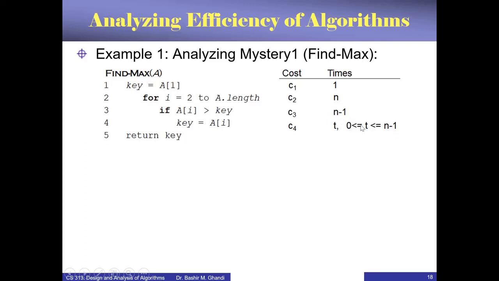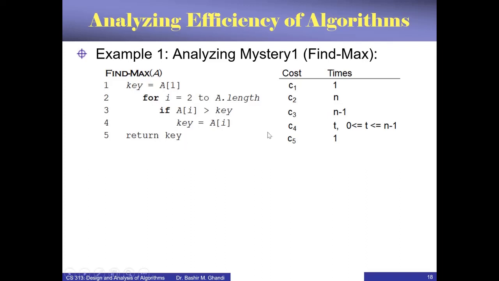It can be any one value from this range. We don't know exactly. It depends on the arrangement of the values inside the array. Okay, the last statement is a simple return, which is constant, and like the initial assignment, is going to be executed only one time. So we say constant C5, and the number of times is 1.